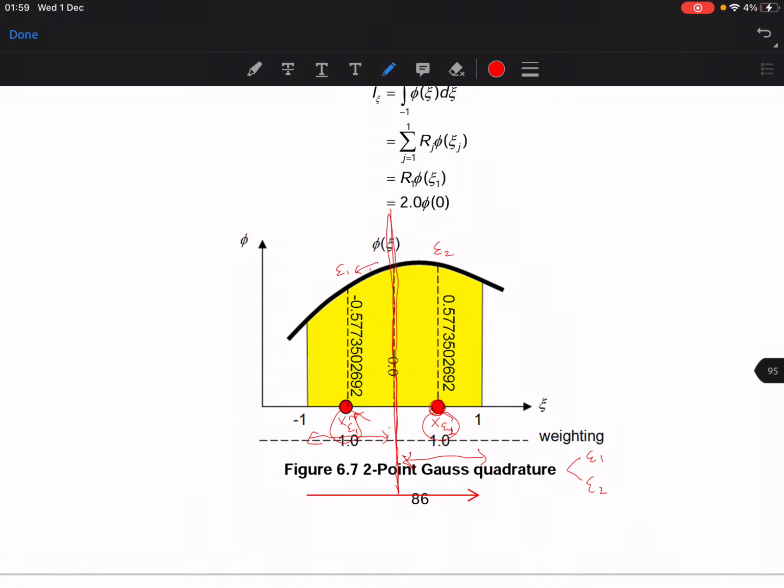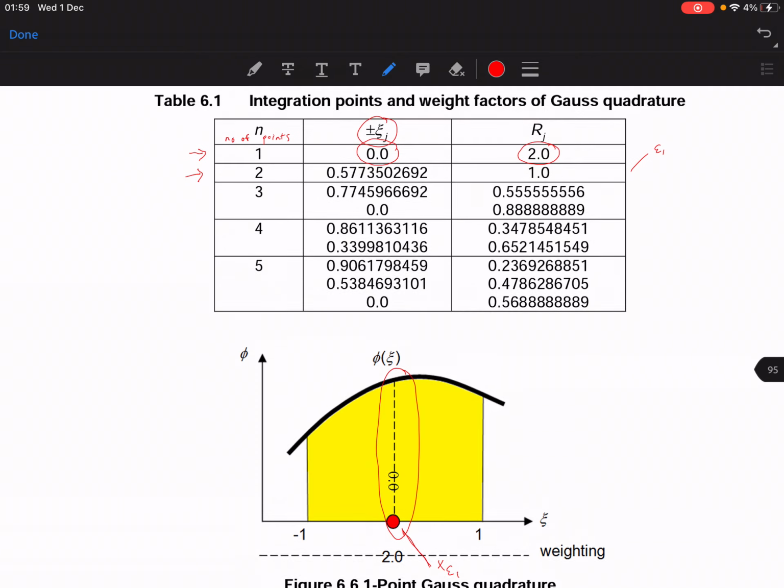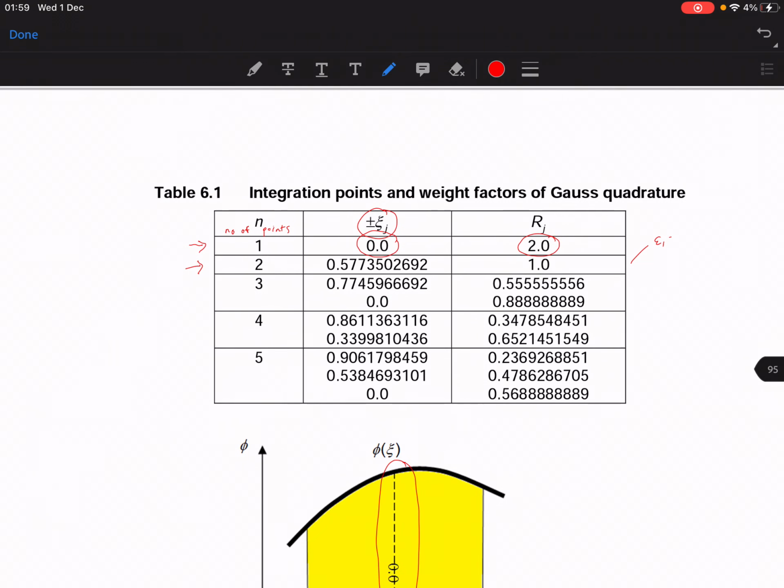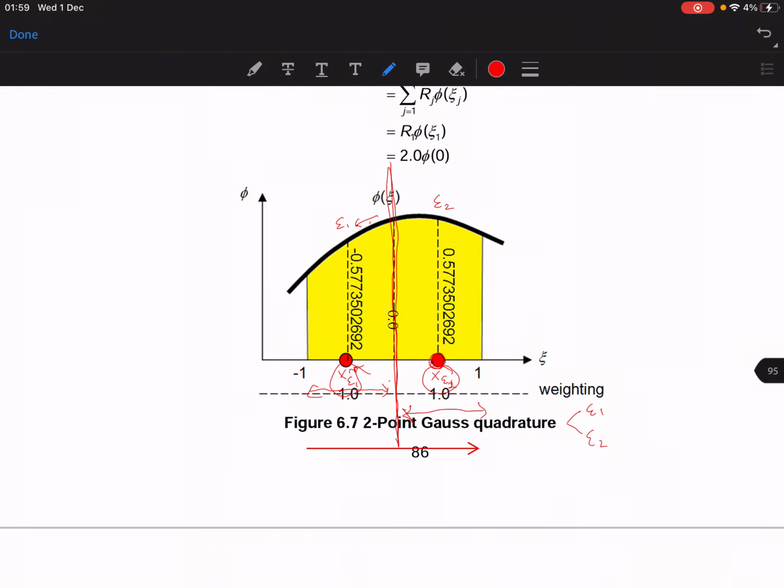Since it is in the negative region, zeta 1 for 2 points will become negative 0.57735, while zeta 2 will become positive 0.57735, as shown in this picture. So zeta 1 is located in the negative region, while zeta 2 is located in the positive region.